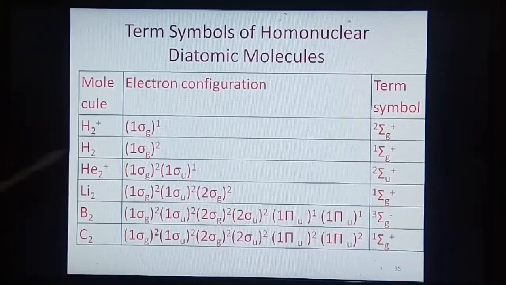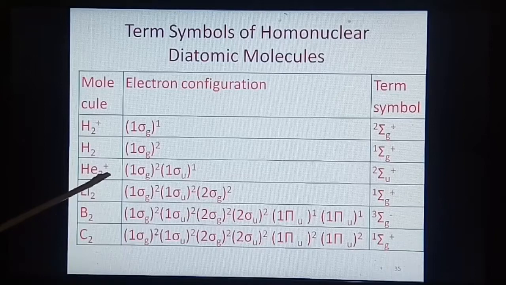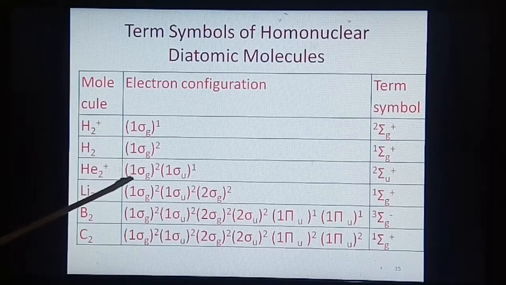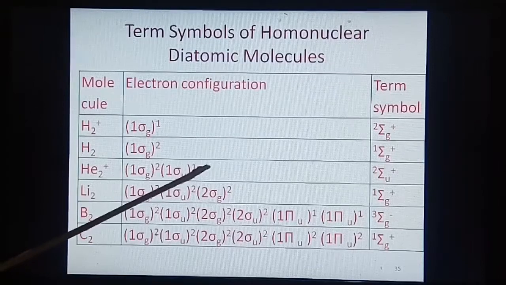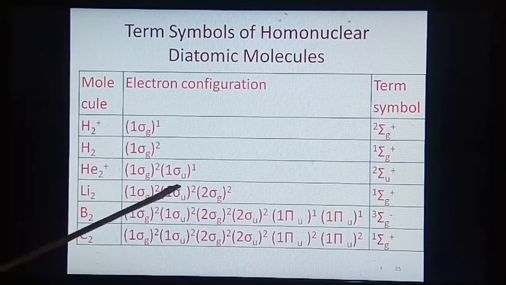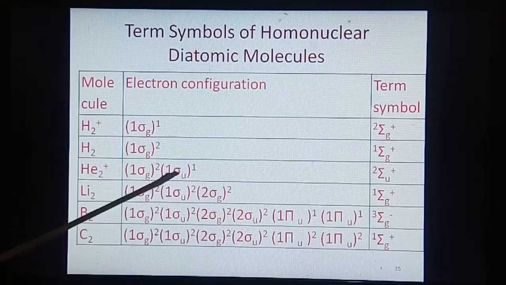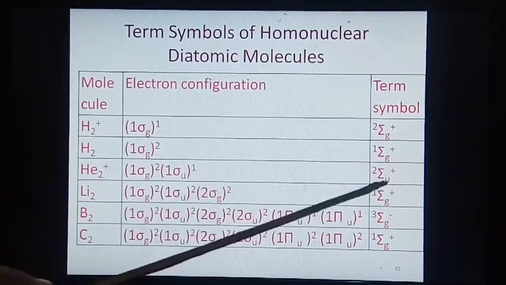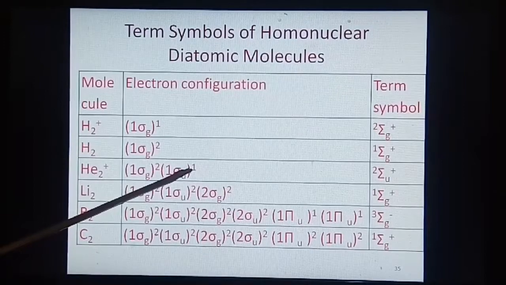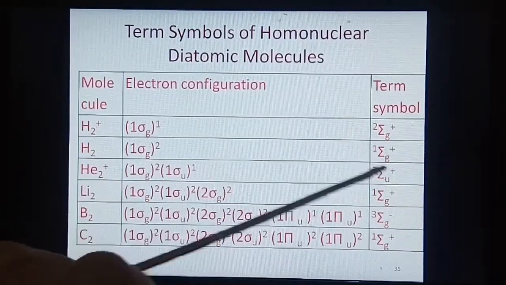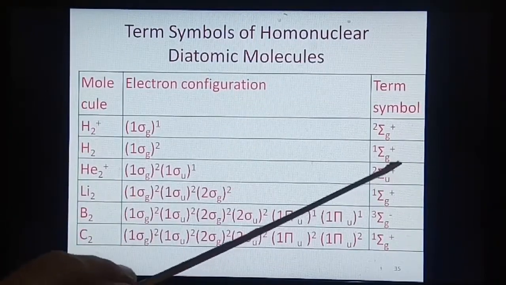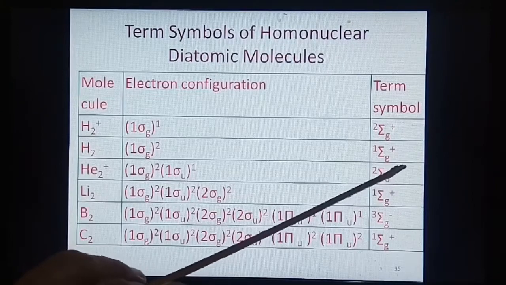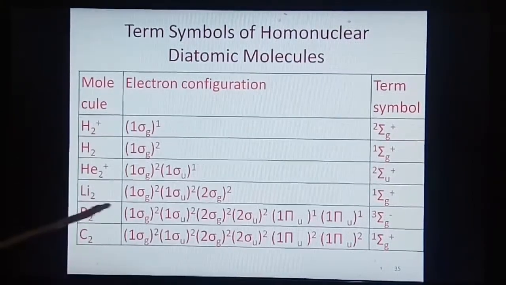We have discussed these earlier, but we are discussing them again. He2 plus is 1 sigma g2, 1 sigma u1. So the electron is present in this orbital, so sigma is here, the parity is u, one electron is there so the spin multiplicity will be 2, and because it is sigma, it is the plus symmetry.